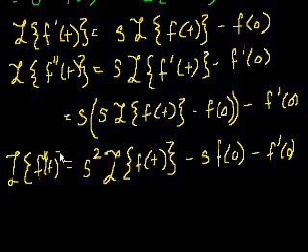And I think you're starting to see why the Laplace transform is useful. It turns derivatives into multiplications by s. And actually, as you'll see later, it turns integration into divisions by s. You can take arbitrary derivatives and just keep multiplying by s. I'm running out of time, but I'll leave it up to you to figure out what the Laplace transform of the third derivative of f is. See you in the next video.